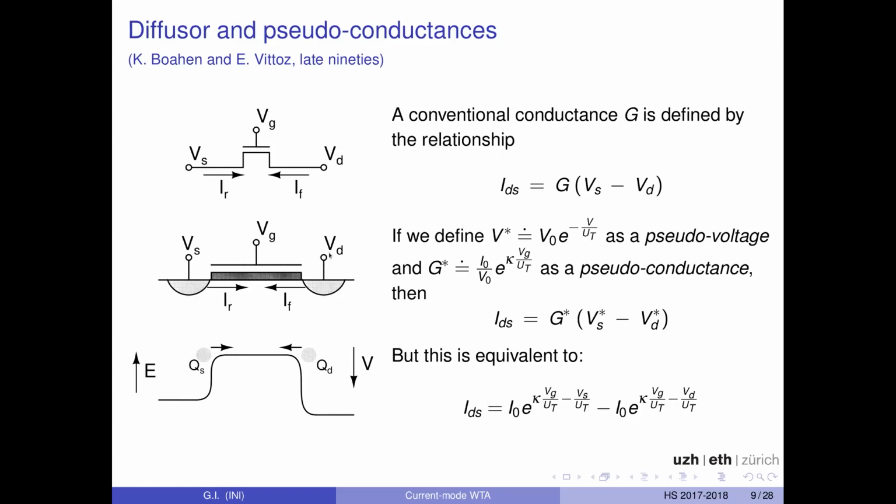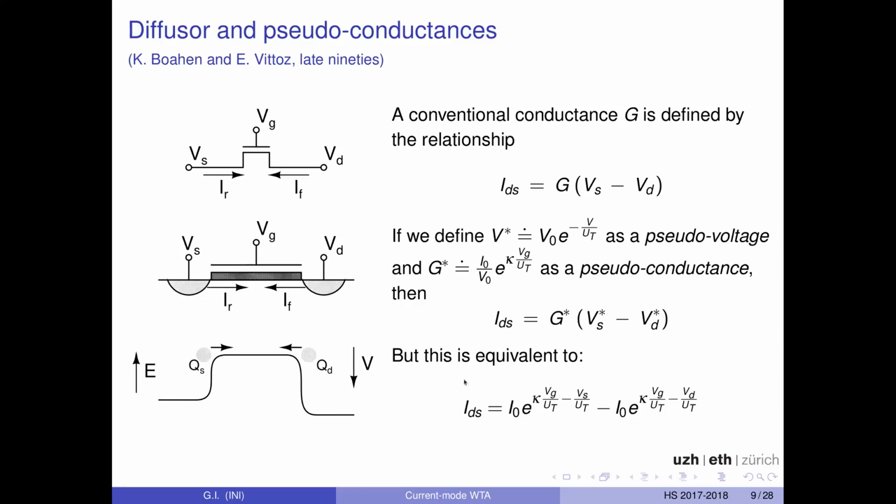And by making small different voltages in either the source or the drain, we can increase linearly the reverse or the forward component. That's why it's called ohmic, because there is a linear relationship between the net flow of the current, which is the difference of the two, and the difference between the drain and the source, given a fixed gate voltage.